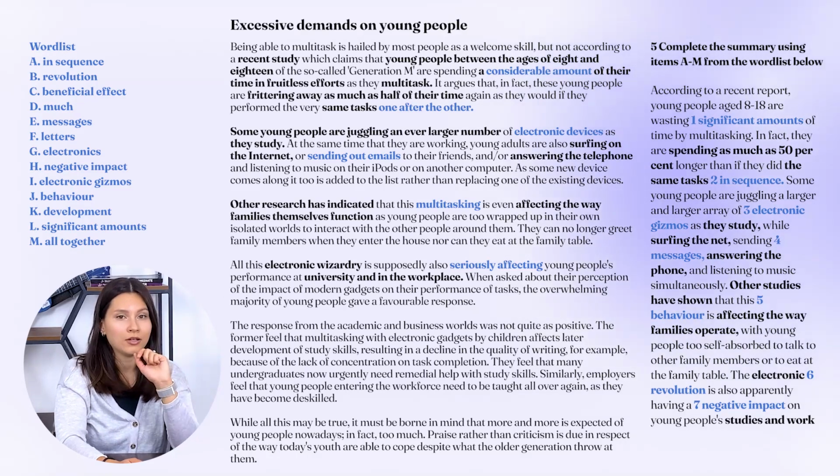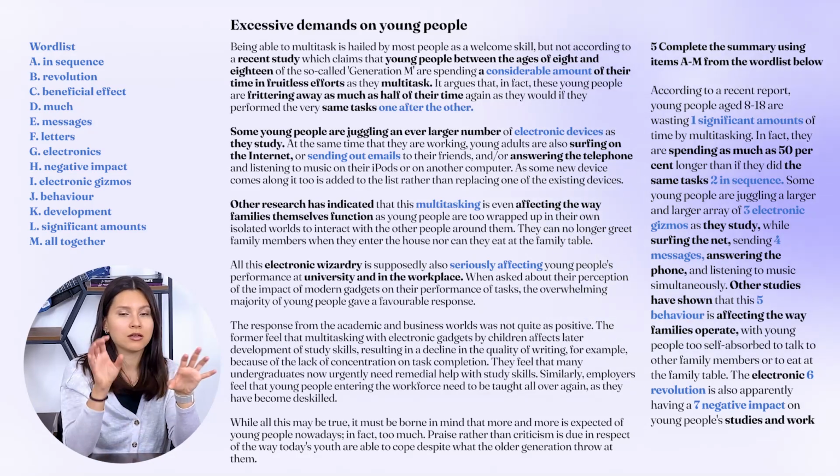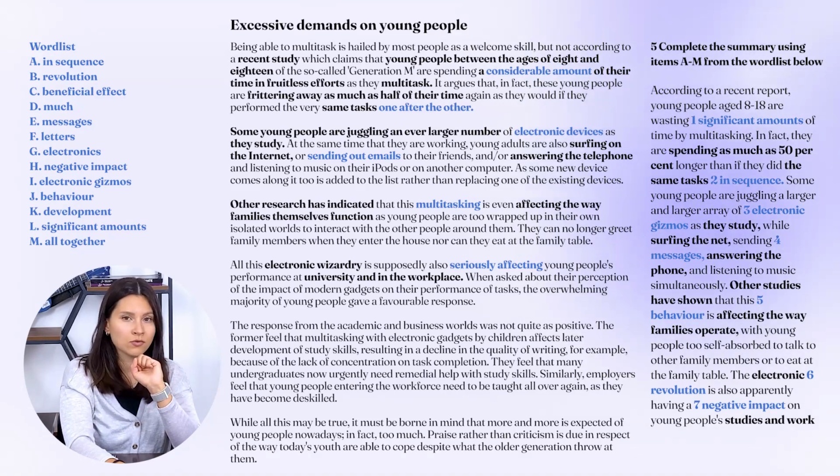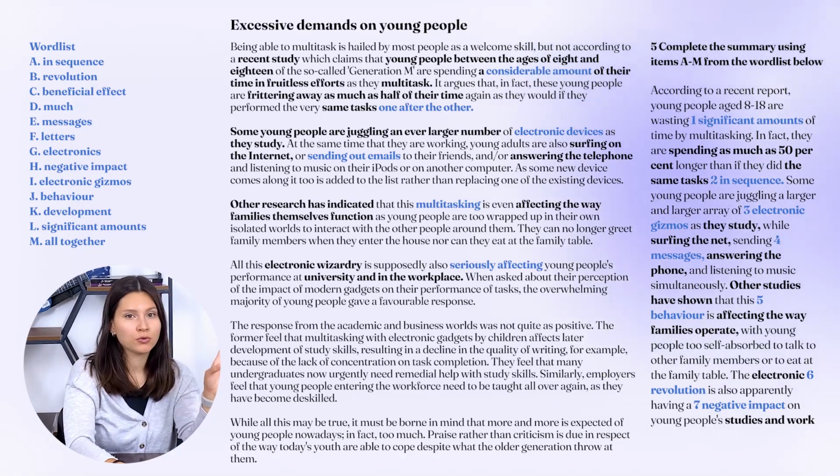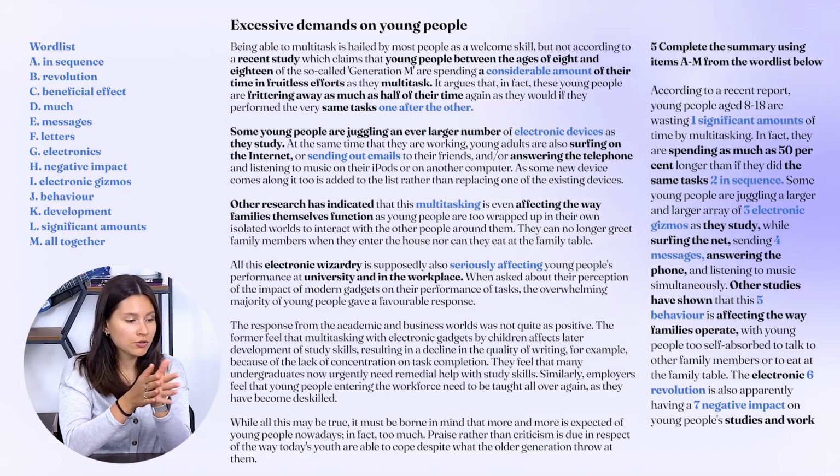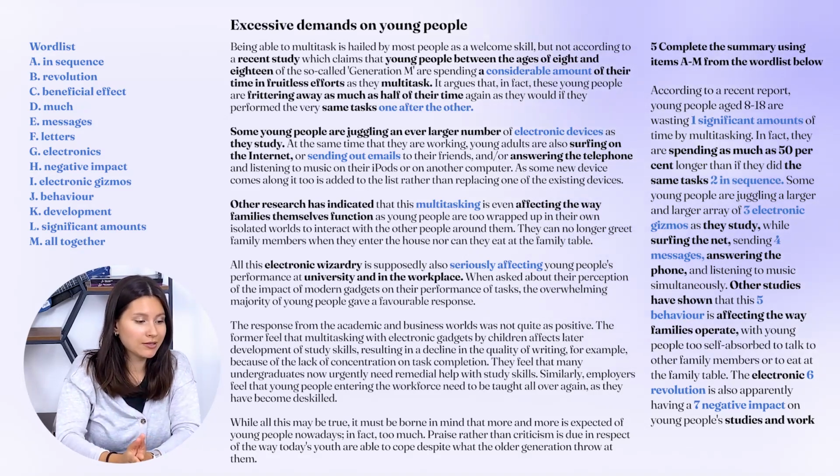Now you have to pay attention to the keywords and compare the information. Read the first paragraph and see how much information is given there. Try to find the answer for the first missing word in the summary. All right, so if you started reading from the very beginning: according to a recent study which claims that young people between the ages of 8 and 18, this is the age group we're interested in because this is the same age group given in the summary, the so-called Generation M, are spending a considerable amount of their time in fruitless efforts as they multitask.